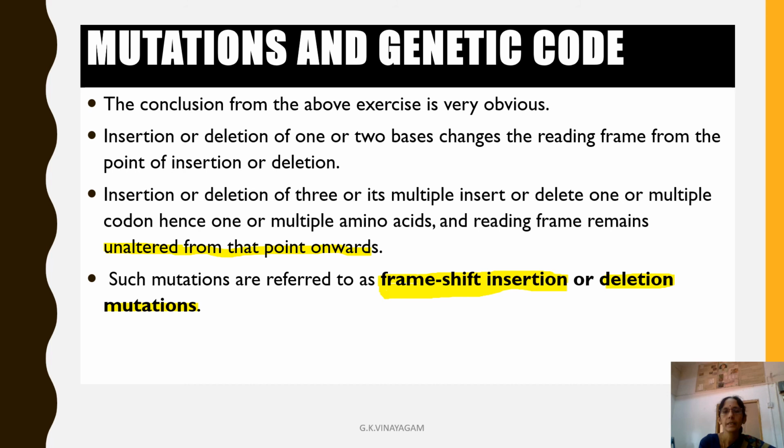But when you are adding 3 bases or multiples of 3 bases, or deleting 3 bases or multiples of 3 bases, the reading frame remains unchanged. That type of mutation we call frame shift insertion, or frame shift deletion.